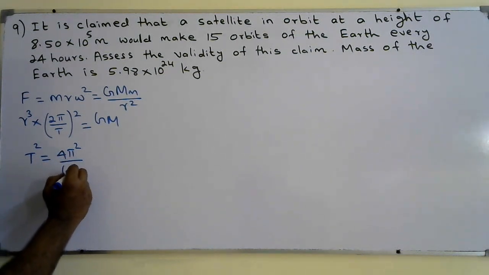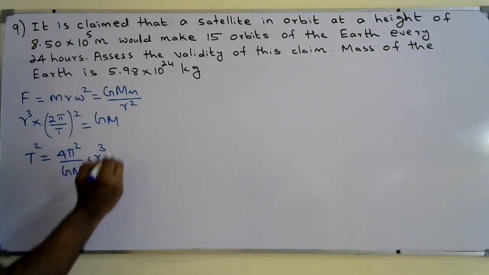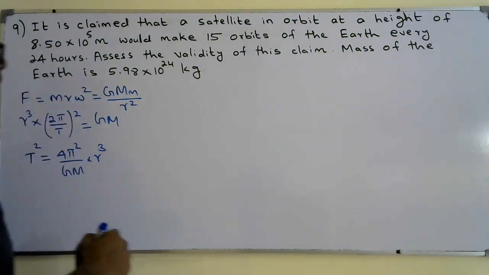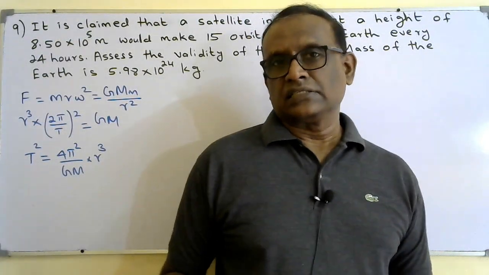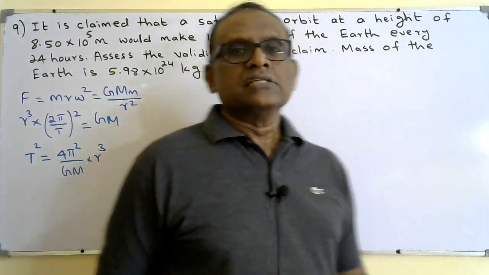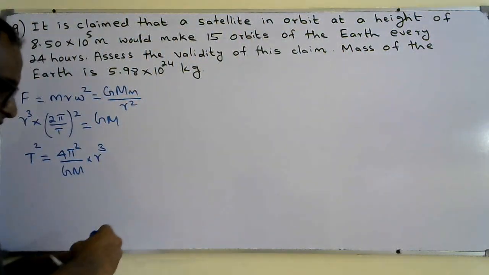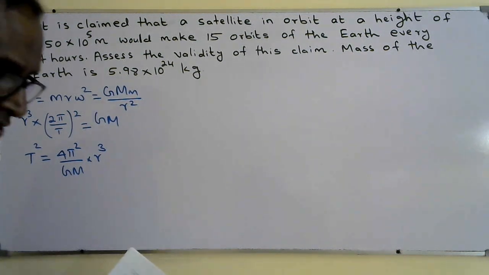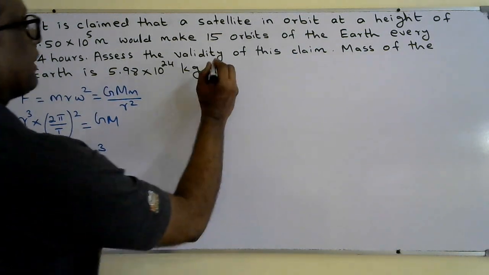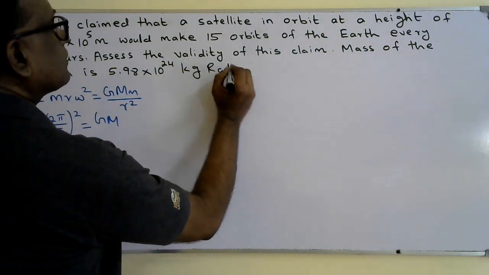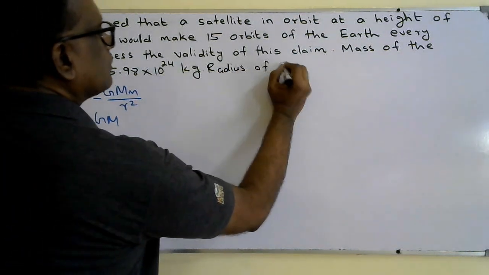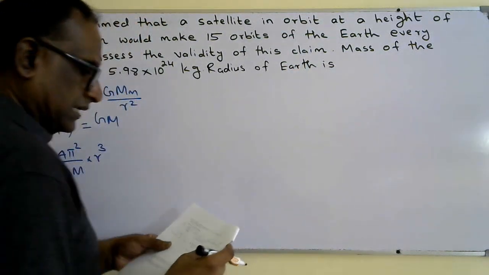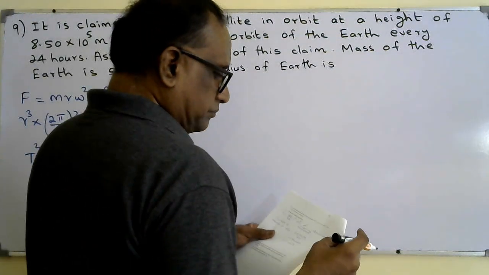So at a height of 8.50 × 10^5 meters above the surface of the Earth, it's orbiting around the Earth. The mass of the Earth is given, and the radius of the Earth is also given. Sorry, I forgot to write it. The radius of the Earth is 6,360 kilometers.